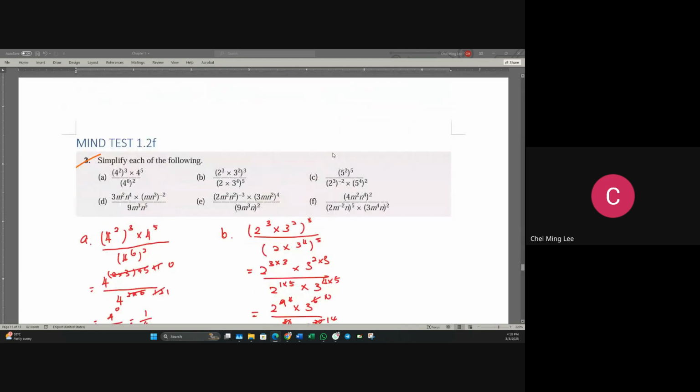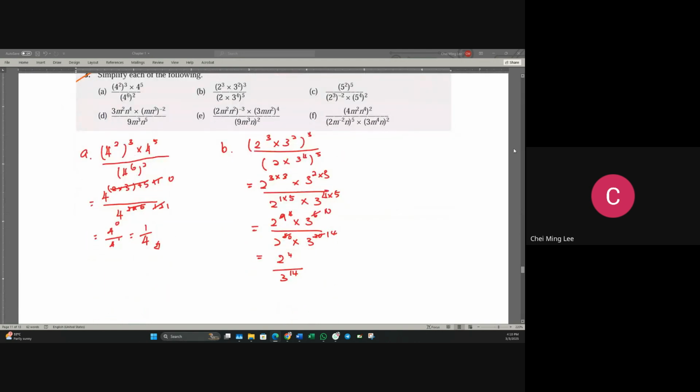Okay, all right, so now check. Correct: 2 to the power of 4 over 3 to the power of 14. Okay, good. So now let's see the third one.